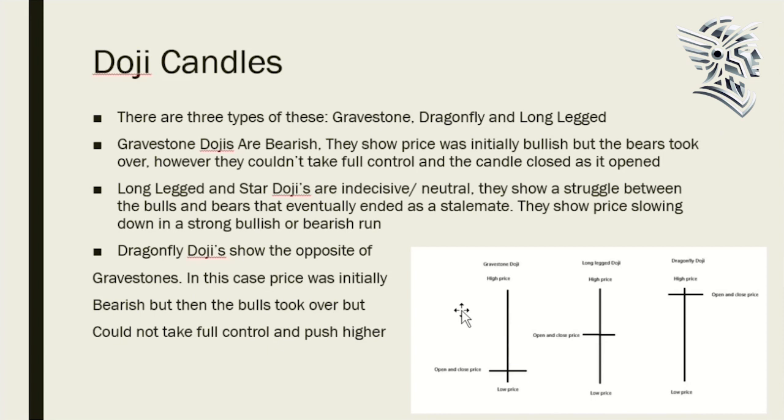With gravestone dojis, as we've got here, you know that they're bearish. That's because they start low and push high, so they show price was initially bullish, but the bears took over. But unlike a shooting star, they couldn't close lower. So you see, it opens here, pushes up like in a shooting star, but comes all the way back down to where it opened, unlike a shooting star, which closes bearish.